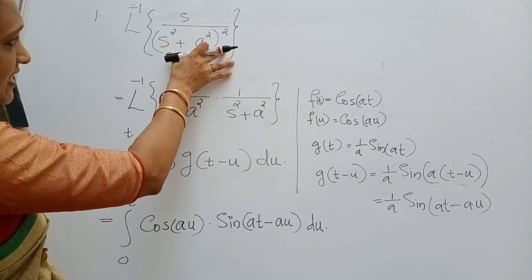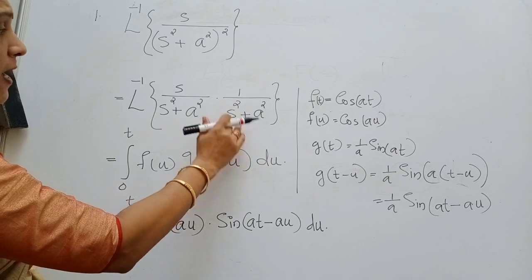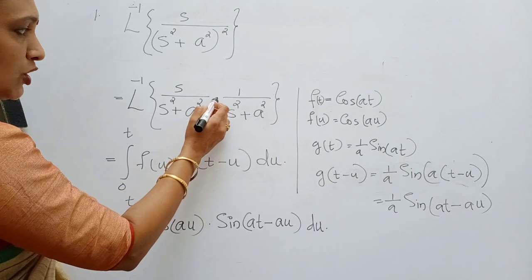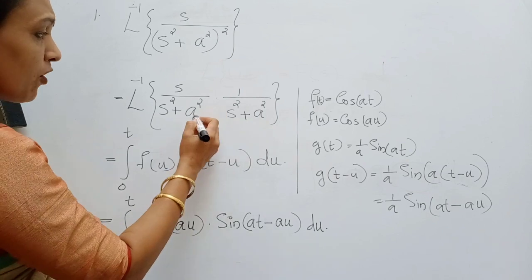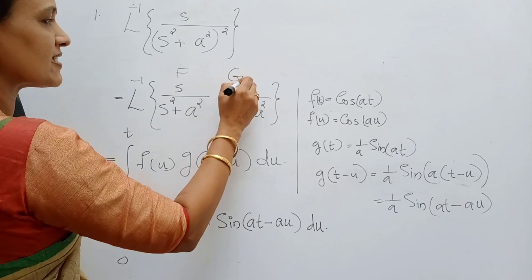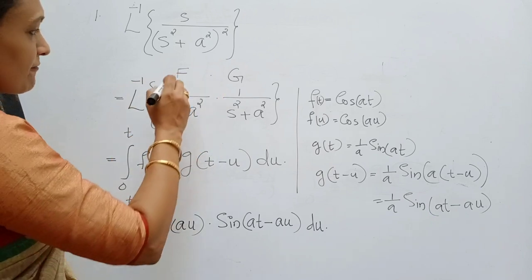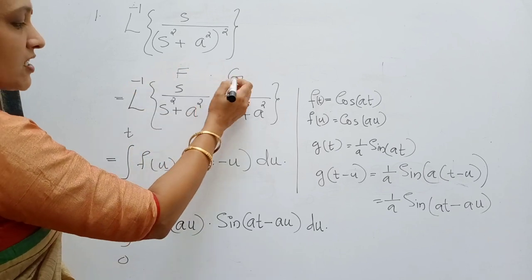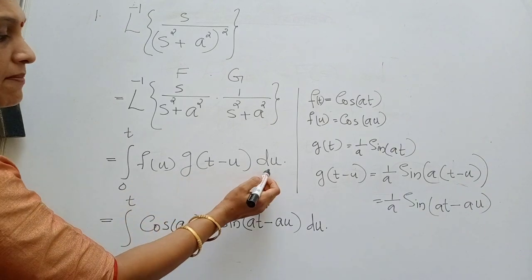I wrote this as product of two functions in such a way that the first function is s by s square plus a square into the remaining 1 by s square plus a square. Therefore, the first one can be treated as capital F and the second one as capital G. Therefore, this is of the form L inverse of F into G, which by convolution is integral 0 to t f of u into g of t minus u du.